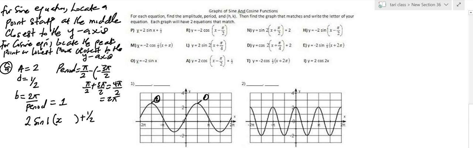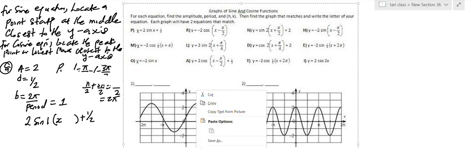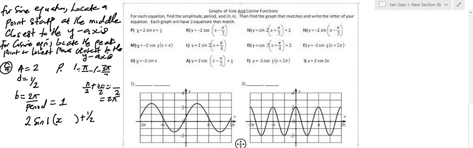Now just like I said earlier, I don't know if you heard that part, for equations, to form a trig equation, anyone can pick any point. For example, in this number 1, let me show you something. I might decide, okay, the point I want to pick closest to the y-axis is this point.